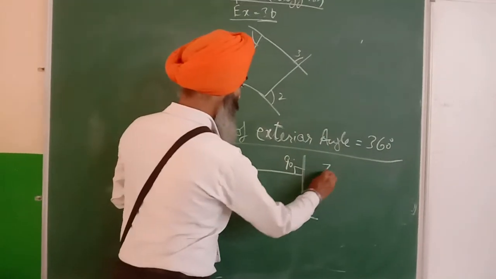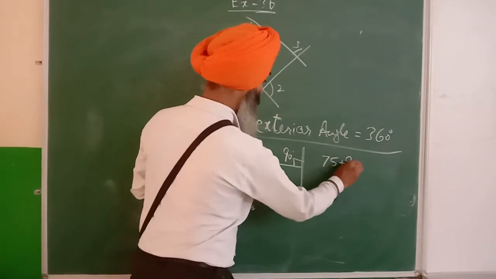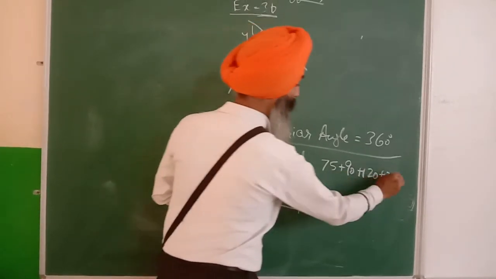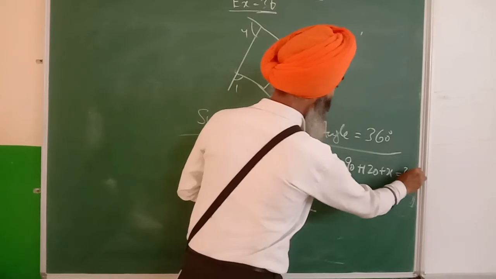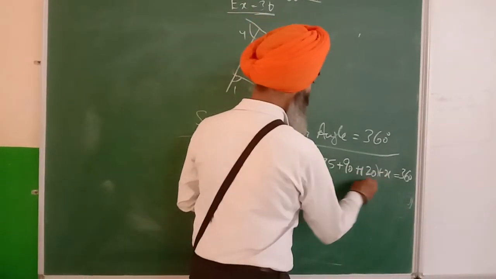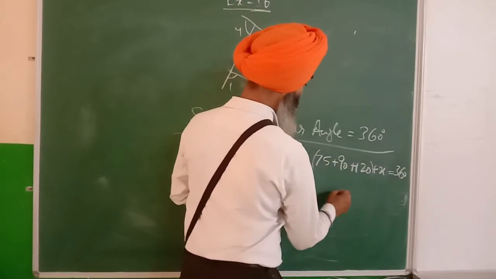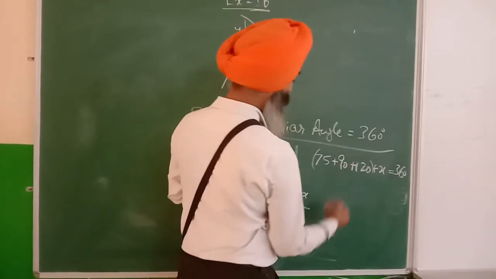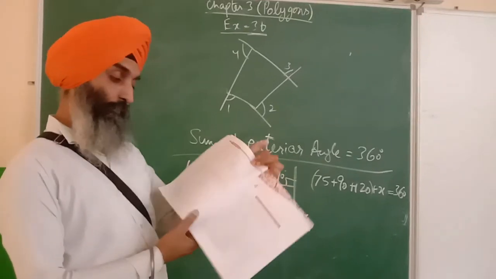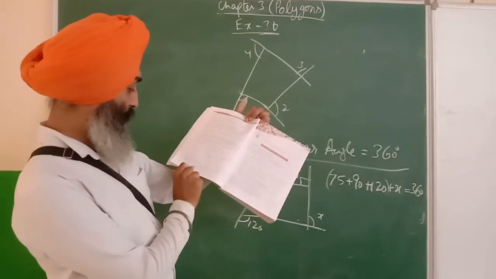So apply this formula, write that the sum of all exterior angles is 360 degrees, and find the value of x by subtracting these from 360. You can solve it yourself. It is very simple.